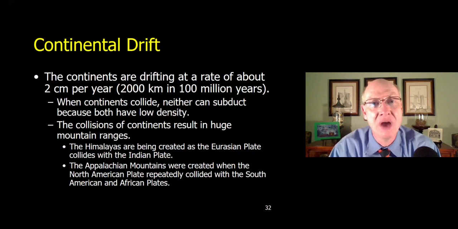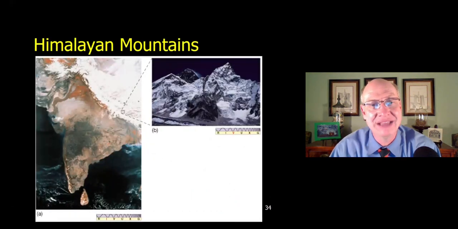But it has been over 200 million years since that last collision. And that means that the Appalachian Mountains have been wearing down now for 200 million years, which is why they look so different than the Himalayas. Though hundreds of millions of years ago, they may have been as tall and as ragged as the Himalayas.